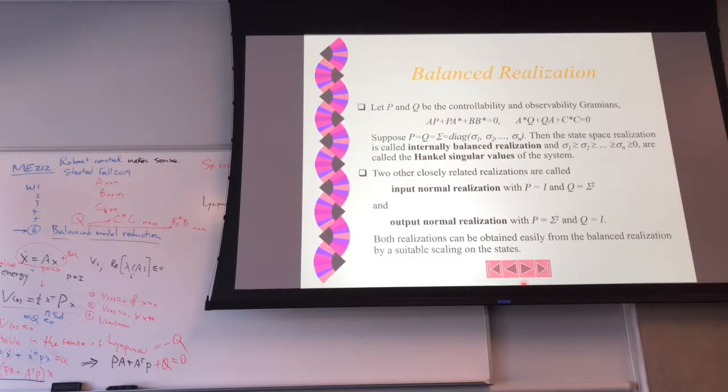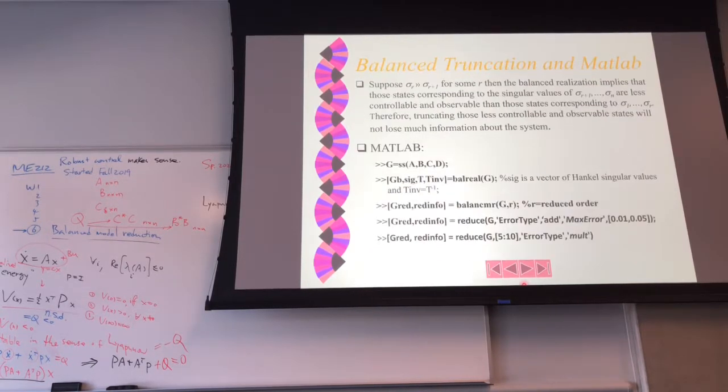So there's a possibility we can say, hey, I want to cut off everything greater than R. Let's say R is a reduction order, of course R less than N. I only want to keep the first R. I want to drop the last R plus 1 to N. So that is called balanced truncation.